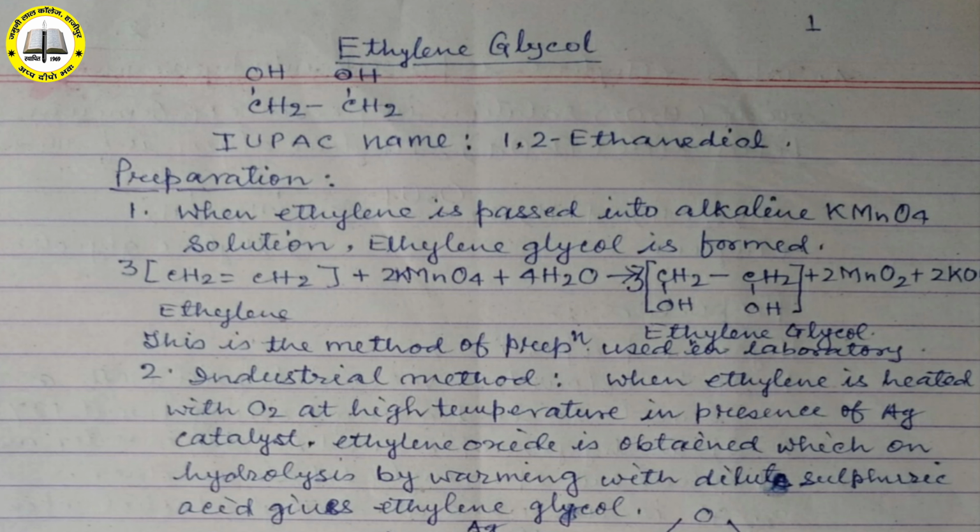Its structural formula is written as CH2OH-CH2OH. Its IUPAC name is 1,2-ethane diol.